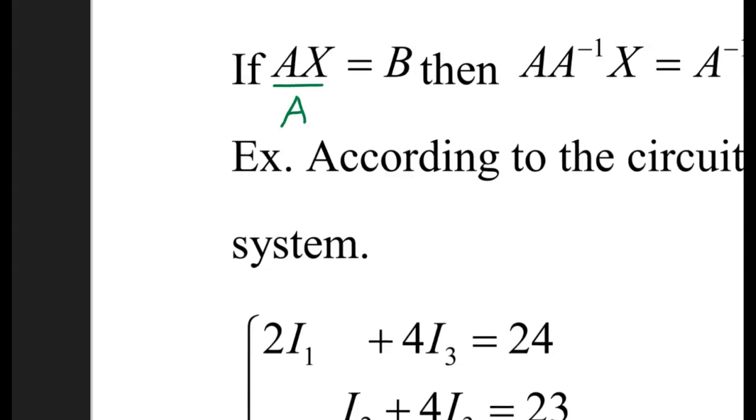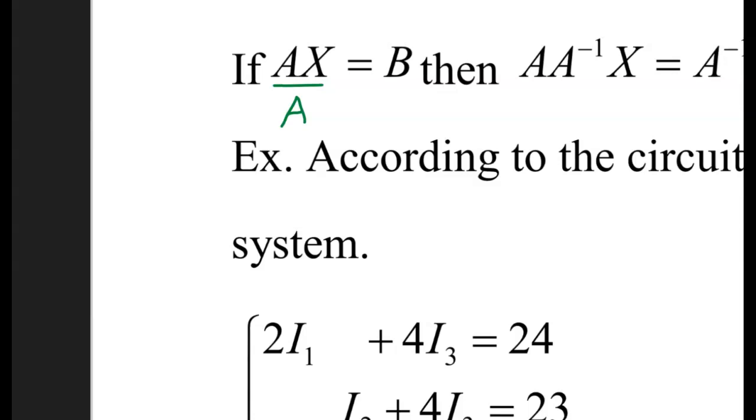Instead of writing this, how else can we write the division of A without actually dividing by A? What's another way to represent A no longer in the denominator, but it means the same thing as dividing by A?